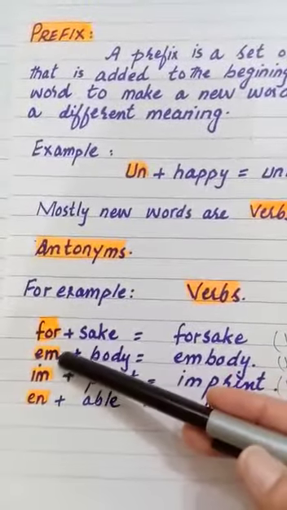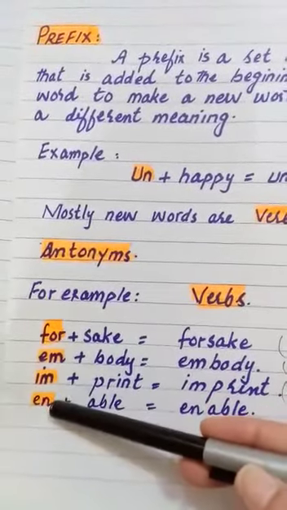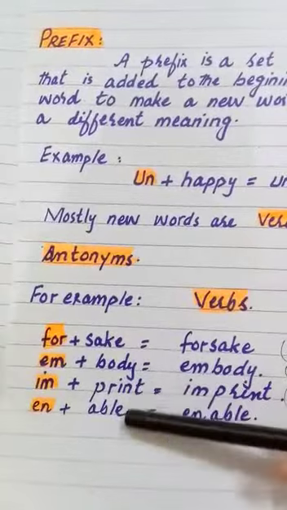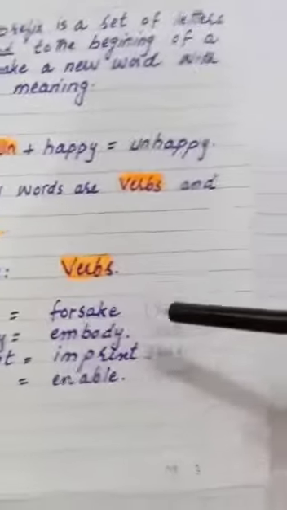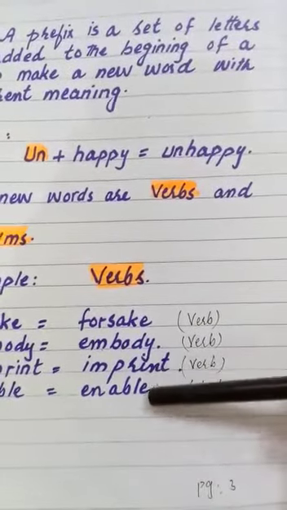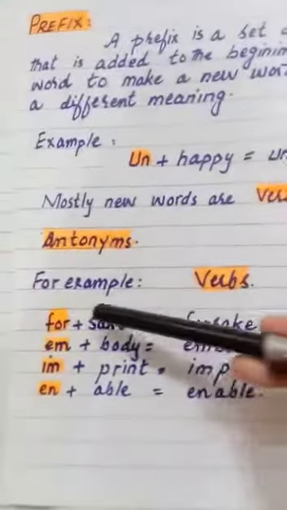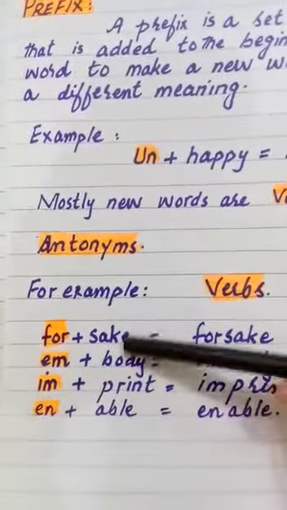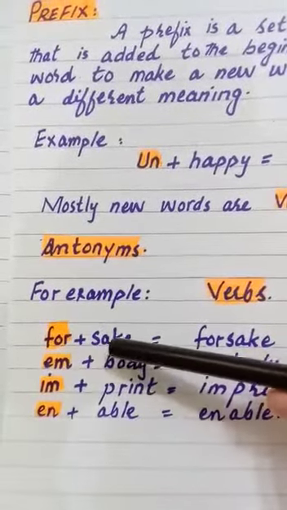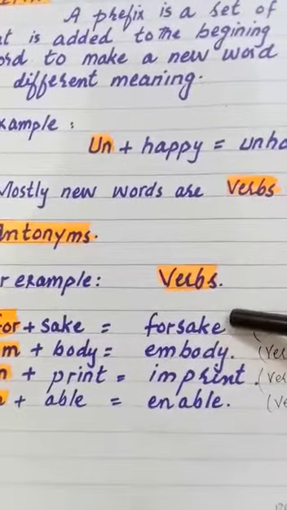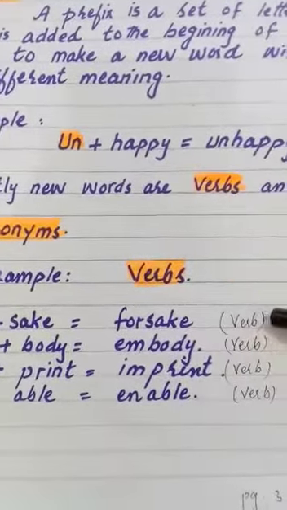For, em, im, en. Sake, body, print, able. Forsake, embody, imprint, enable. Okay. These highlighted parts are prefixes. These are the words, and when prefixes are kept before these words, a new word is made.